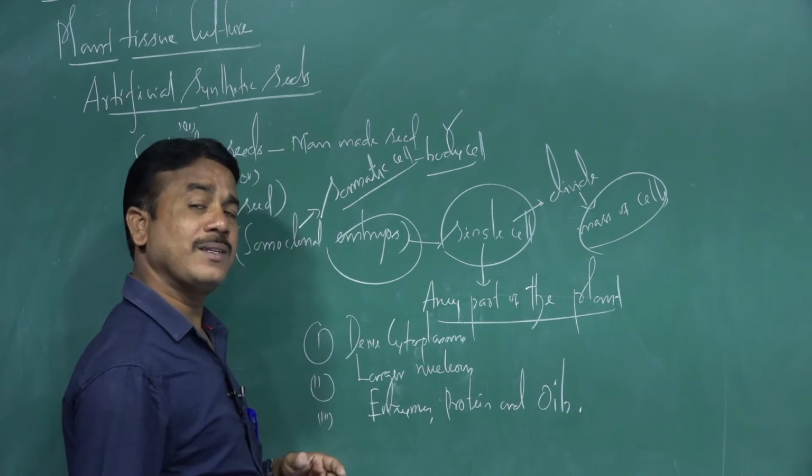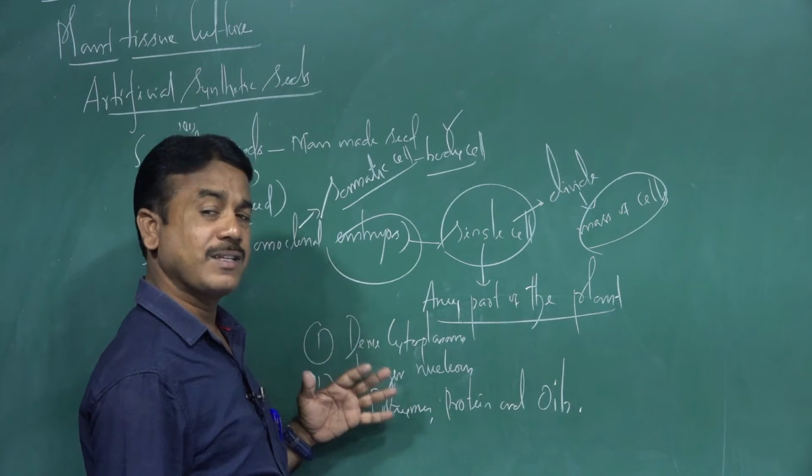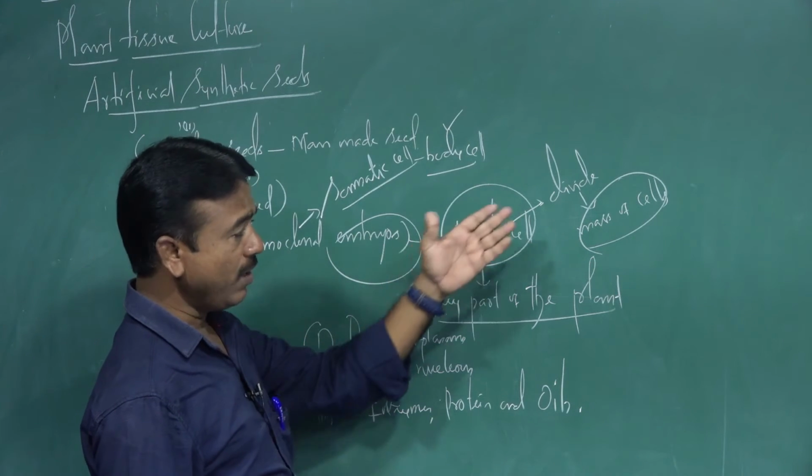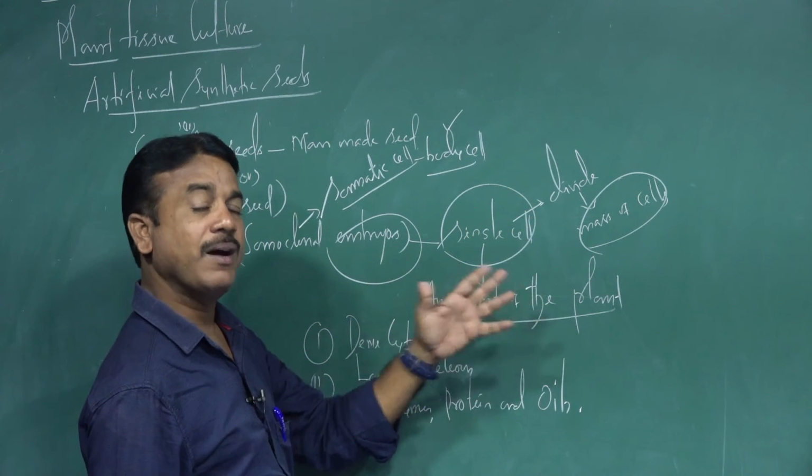Those are the substances generally present in every kind of cell. These things occur not only in a single cell but also in a mass of cells.